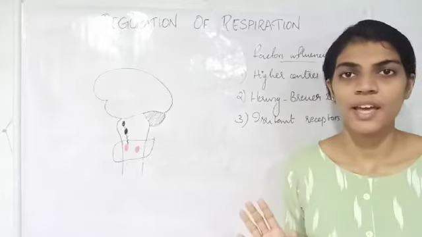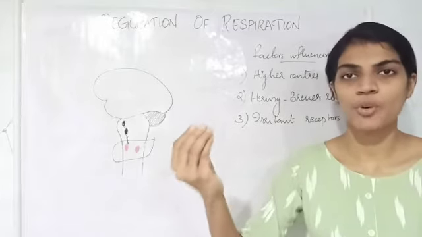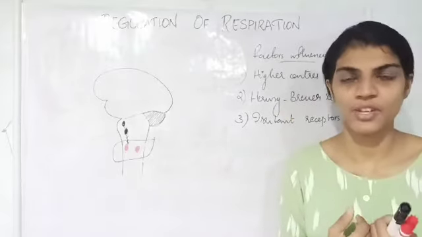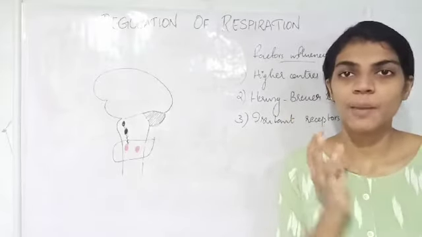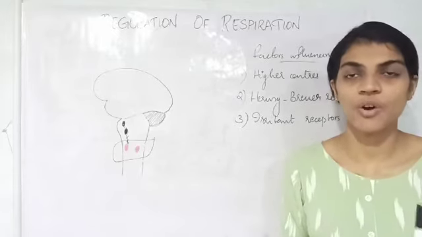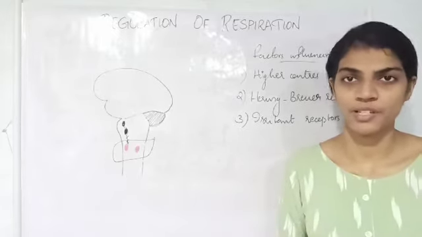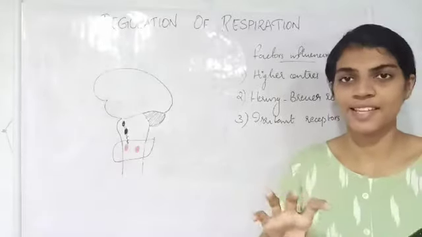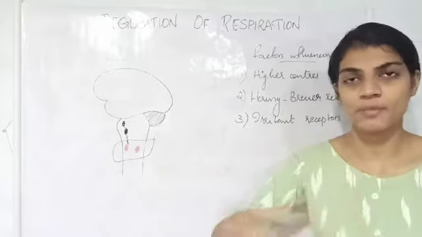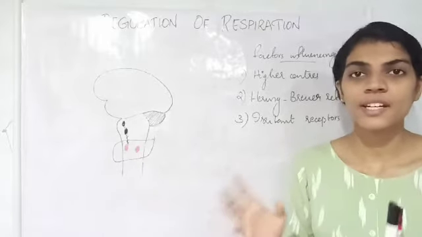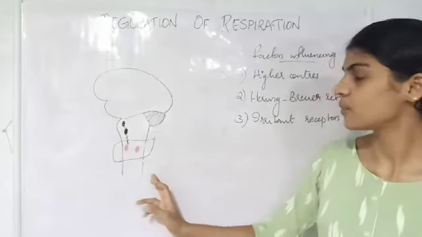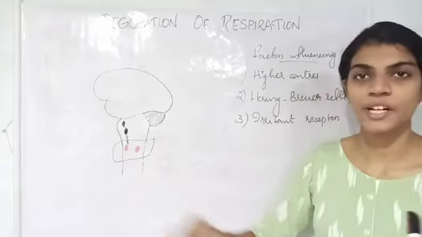For example, if some chemicals like ammonia or sulfur dioxide get trapped into the respiratory tract, these chemical agents can directly stimulate the irritant receptors. So the irritant receptors sense that there is something bad in the respiratory tract, it has to be readily wiped out. So these irritant receptors will produce impulses on the respiratory centers.